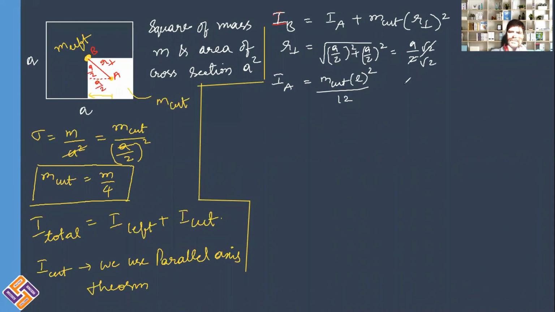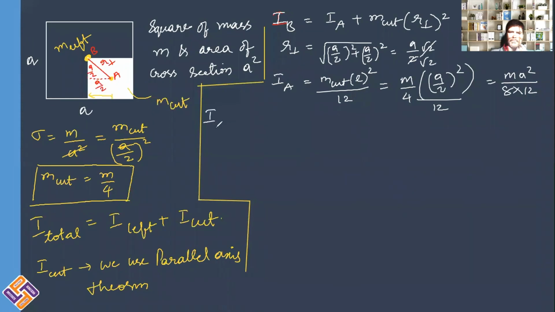The mass of the cut portion is m by 4, and the length is a by 2, whole square, divided by 12. This is equal to m a square divided by 4 into 8 into 12. That is the moment of inertia with respect to A.